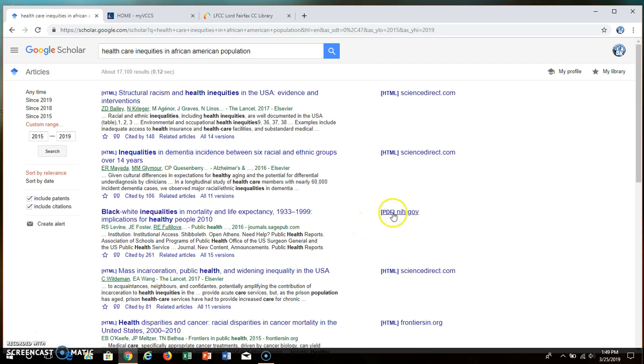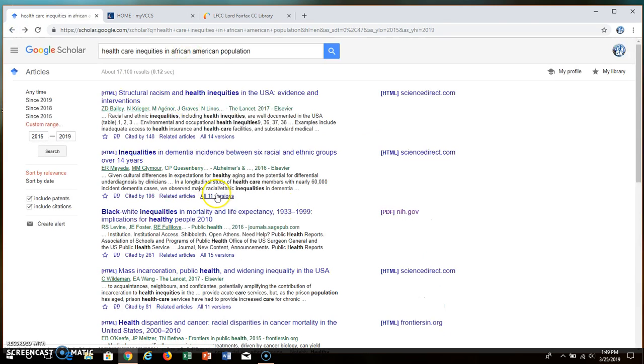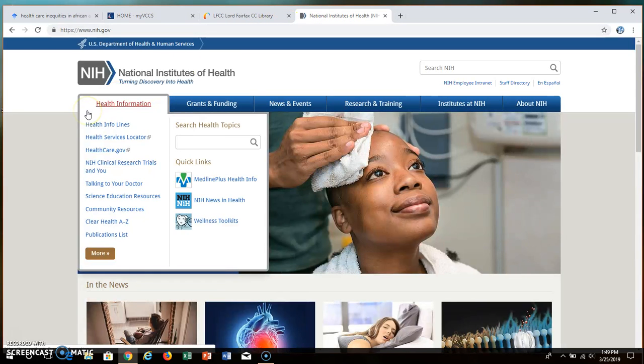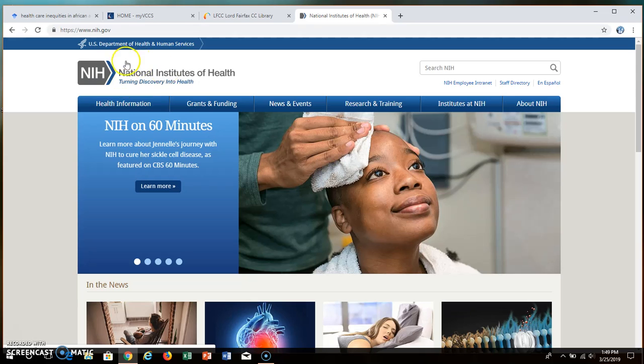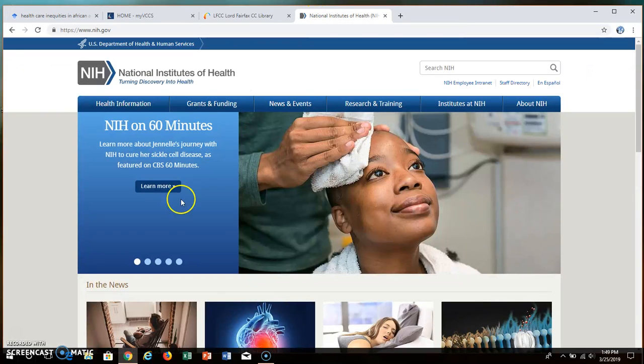It's a publication that was posted on NIH.gov, the National Institutes of Health, which is a government agency run by the U.S. Department of Health and Human Services. I go to them a lot, especially if they come up as one of the first places on my Google Scholar search, and I'll click on that.